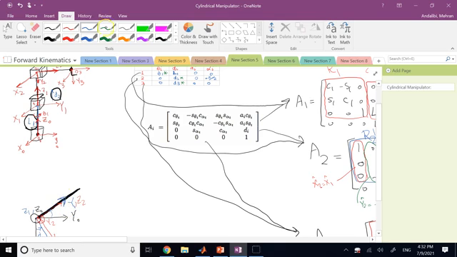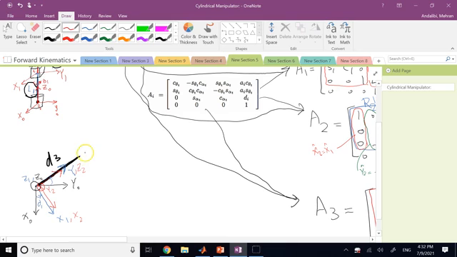So this is Y1 and Z2. You first move a distance of D3. You come to that point. Now the Z's are going to be the same. The X's are going to be the same. And the Y is going to be perpendicular to the board inward.